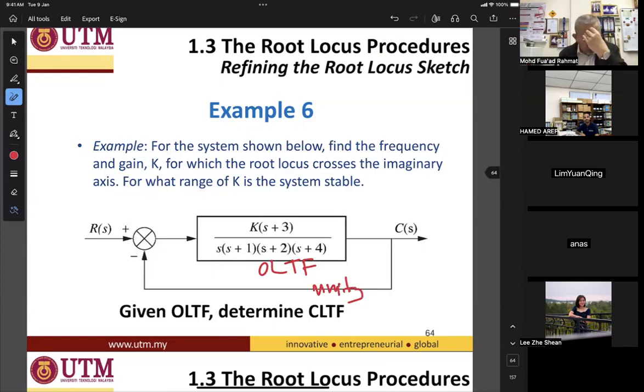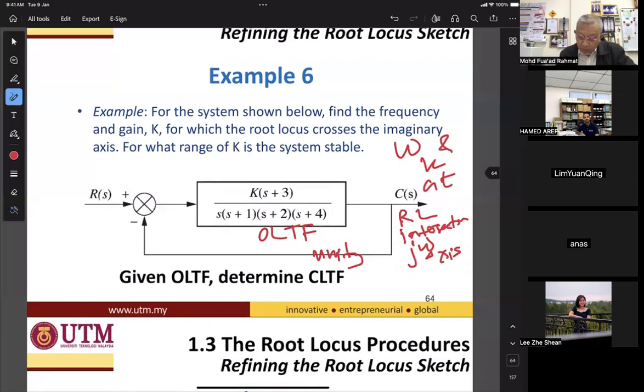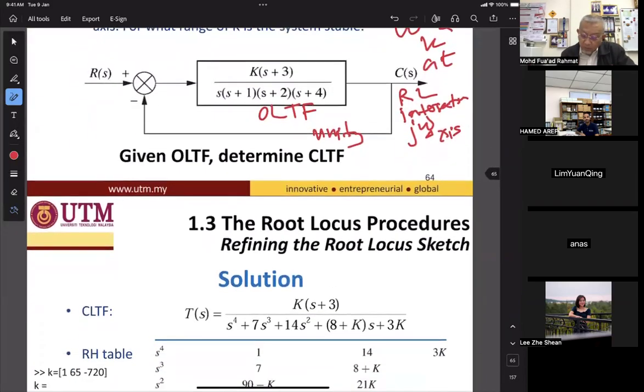You are required to find the frequency omega and gain K at the root locus intersection with the j omega axis. So we start by analyzing this one.